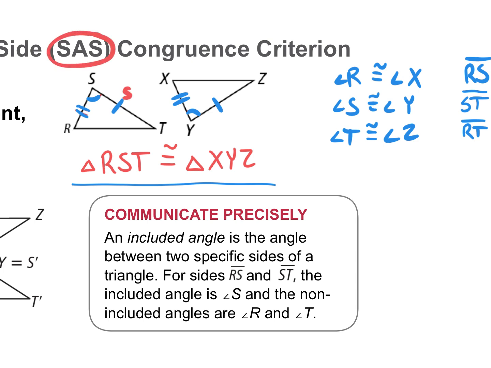Side, angle, side. Do you agree that those 2 triangles are congruent based off of that? Side angle side is a congruence property. So since those 2 triangles show us side angle side, what does it tell us about everything else? Everything else is also the exact same since it satisfies side angle side.